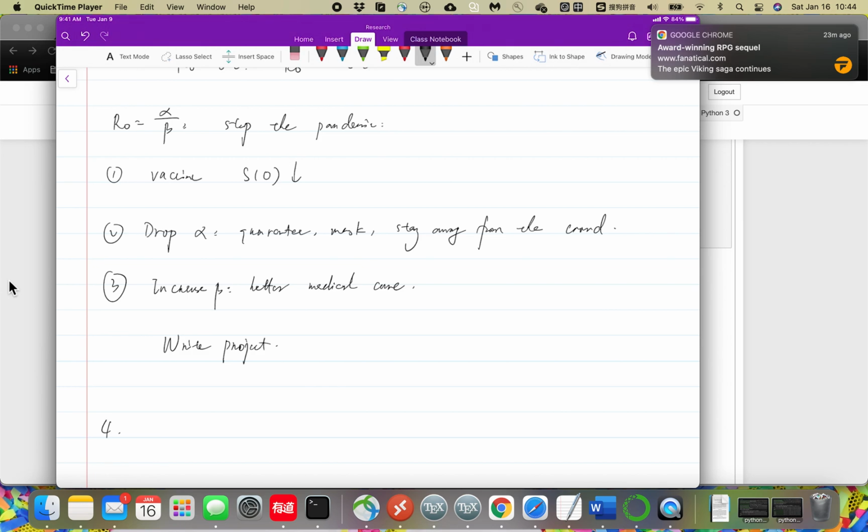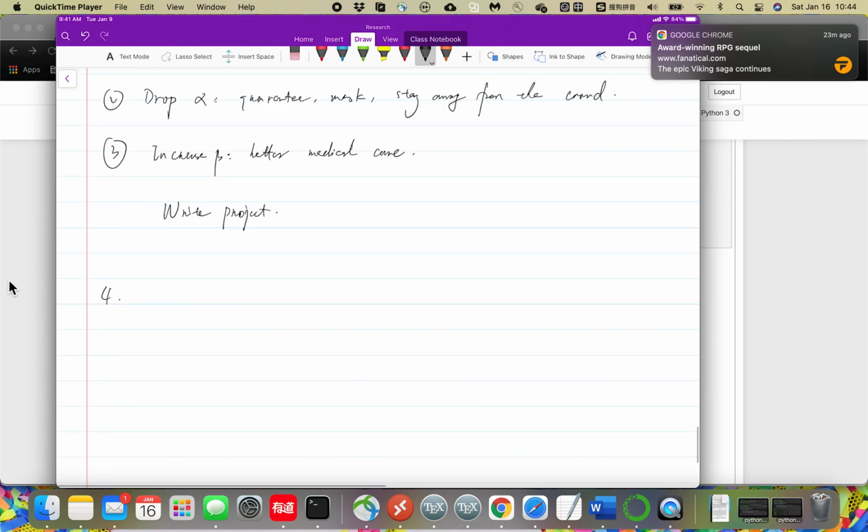So once your beta stops improving because all the ER places are occupied, and your alpha keeps increasing or stays high, that's when we say the medical system is going to crash and the whole thing becomes a disaster, which is roughly what happened back then. We were trying to prevent that, and that's why we had the saying that everybody stay grounded at home. We had the lockdown in order to keep the R naught small.